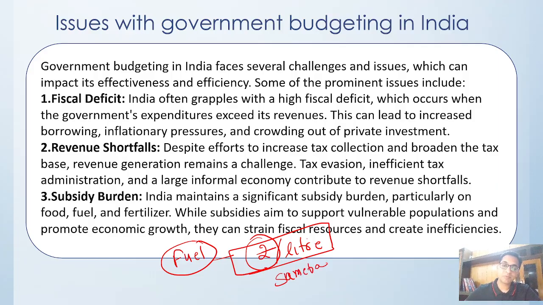Somebody has to pay this money. So it goes from the government pocket, because government has to provide this money to the oil marketing companies, OMCs. So it is not like something is coming free. Somebody is paying the price for it, right?